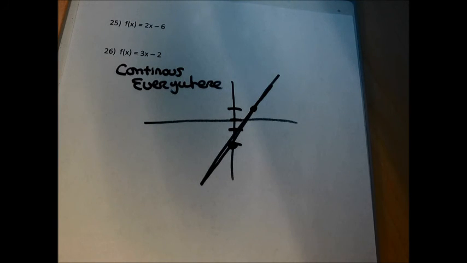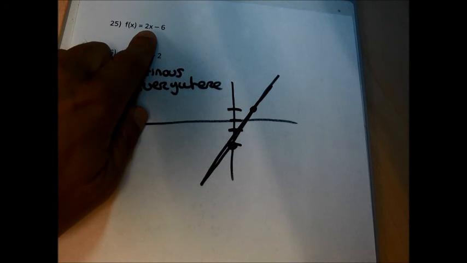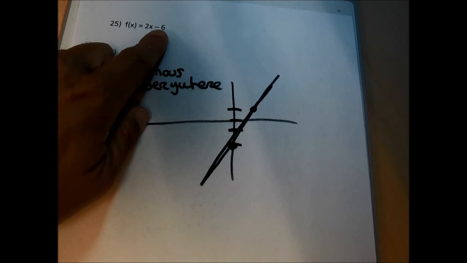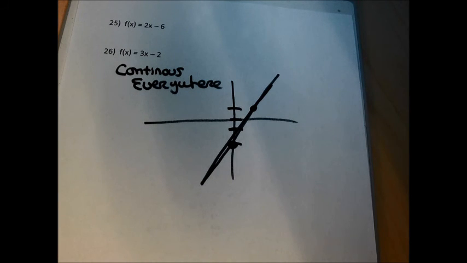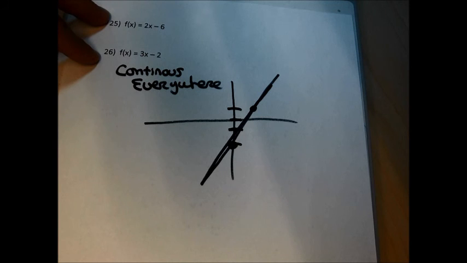I knew it was just one fluid motion, so it's continuous everywhere. There are no points of discontinuity. There's no algebra to do for 25 or 26 because there isn't a fraction with a denominator. So to find the points of discontinuity for a polynomial, there's no algebra to do.